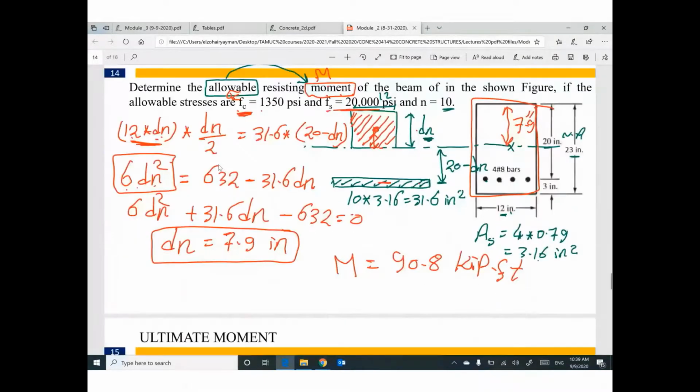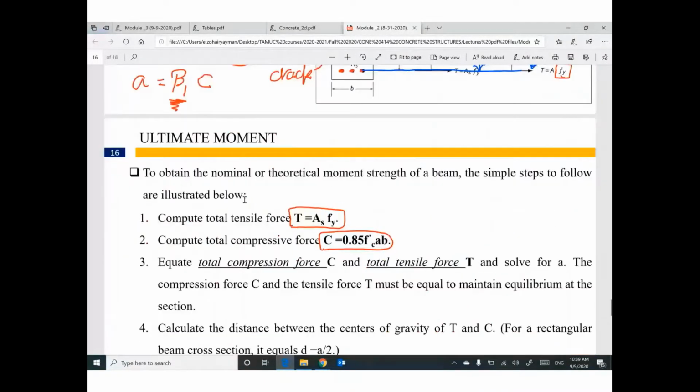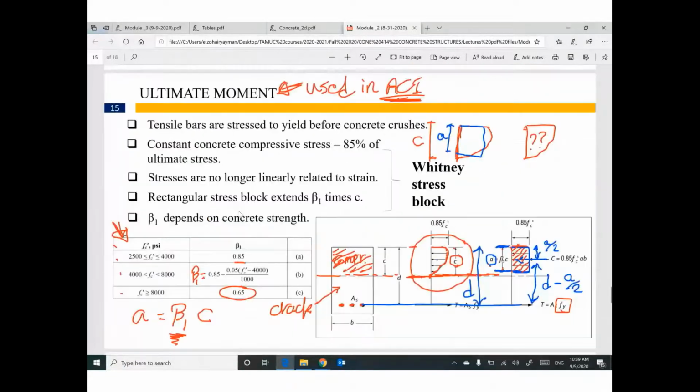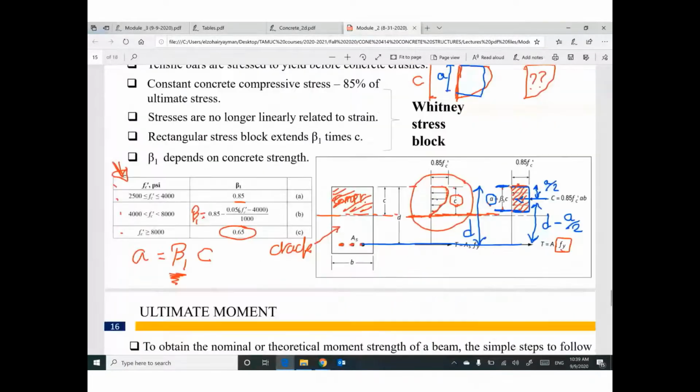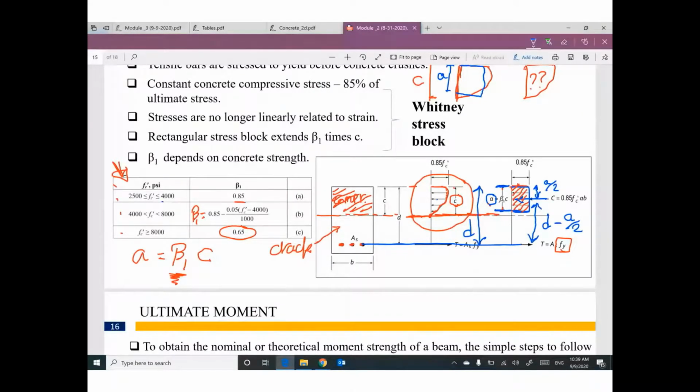Yes, this table. Based on the value of f'c, I think your value is 4,000 psi, which is equivalent to 4 ksi.